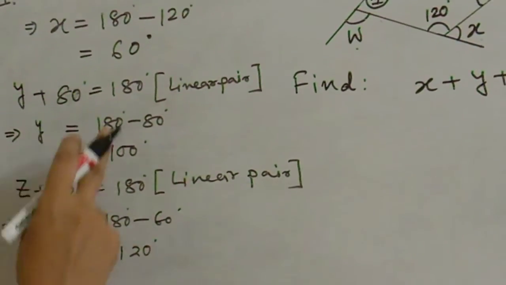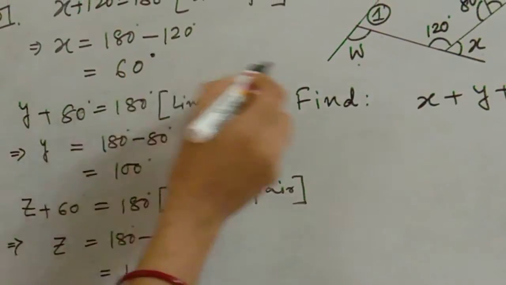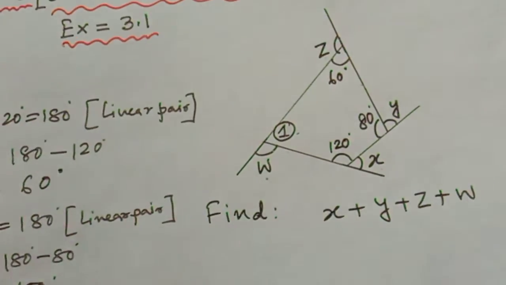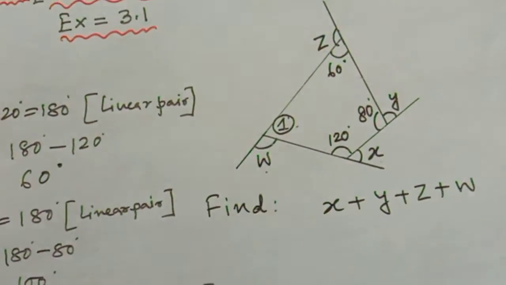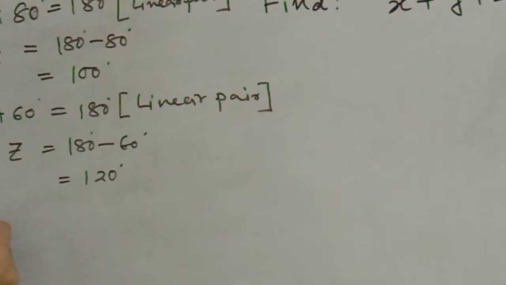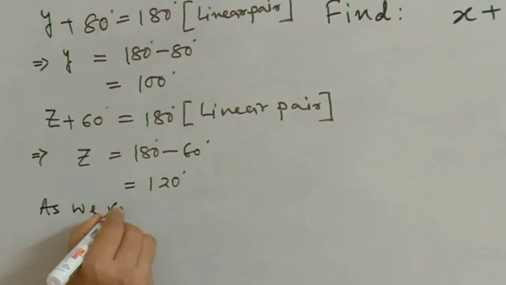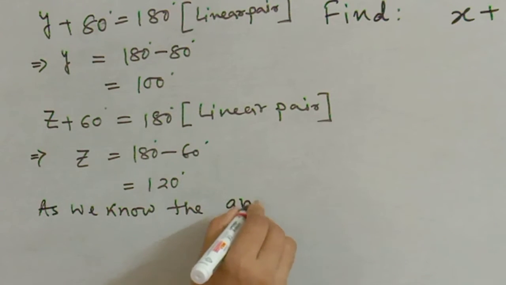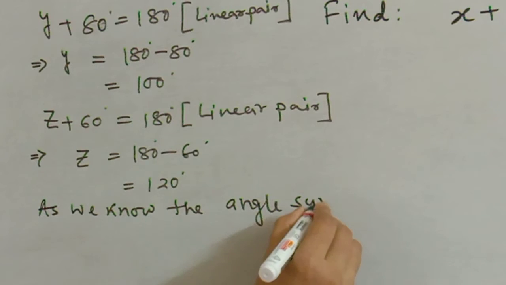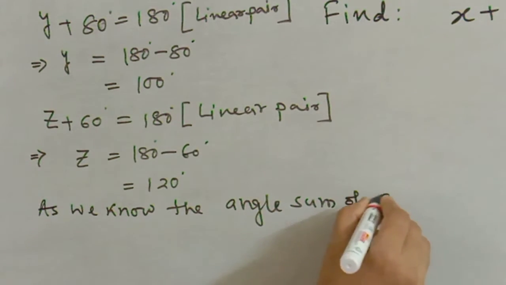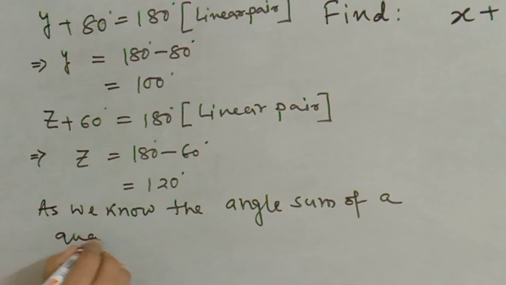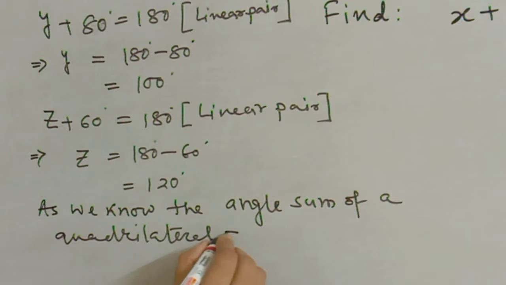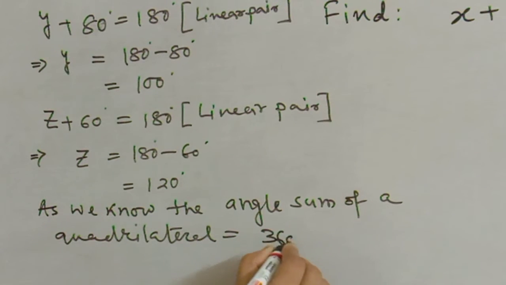Now you have found out all these angles, x, y and z. To find angle 1, you need the interior angles, and you know the angle sum property of a quadrilateral. As we know, the angle sum of a quadrilateral is equal to 360 degree.